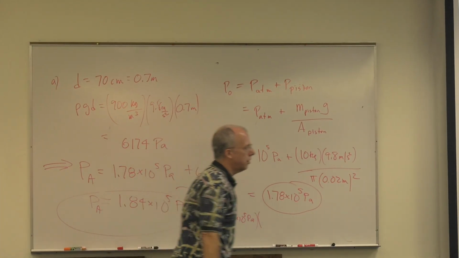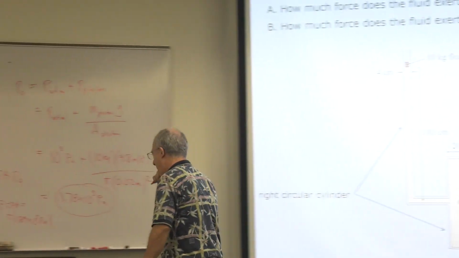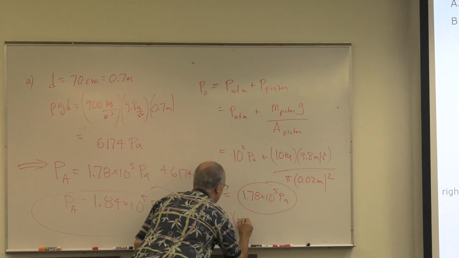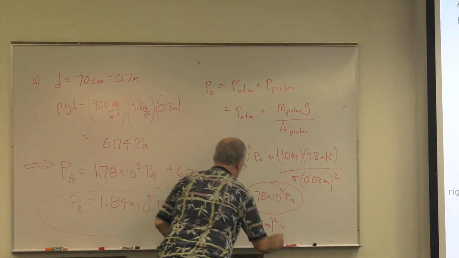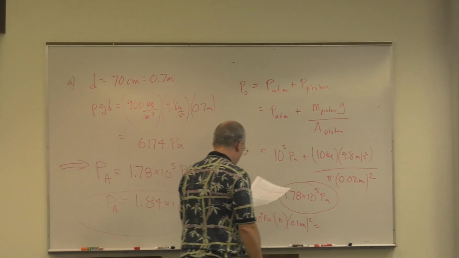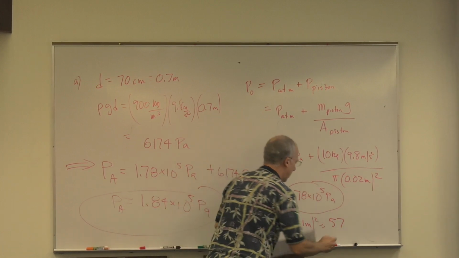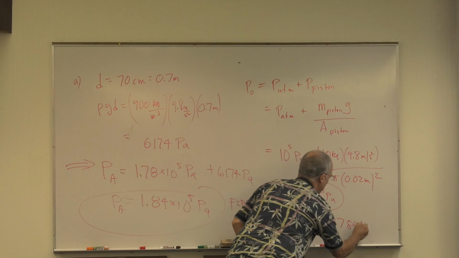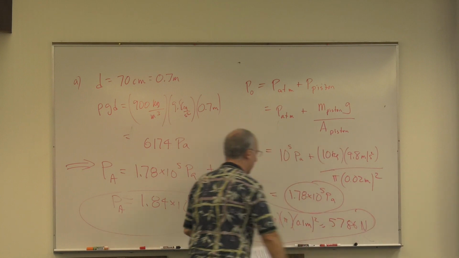And what's the cross-sectional area here? It's just pi r squared, which I promise you equals 5786 newtons. So that is the answer to the question.